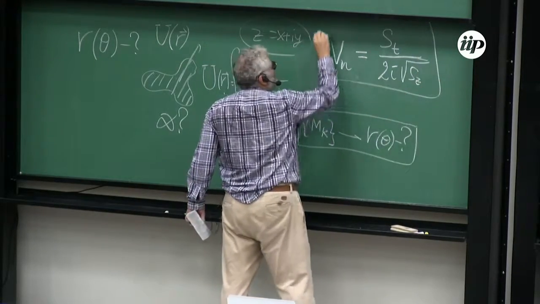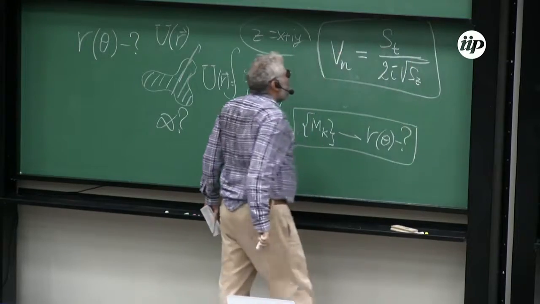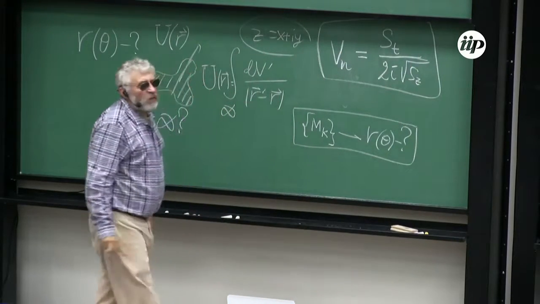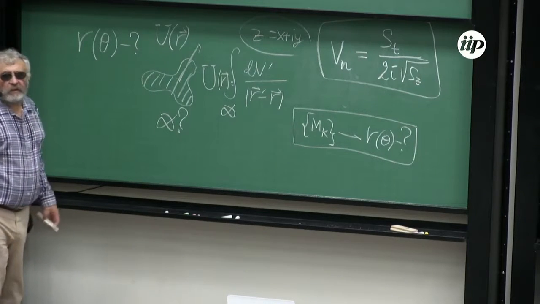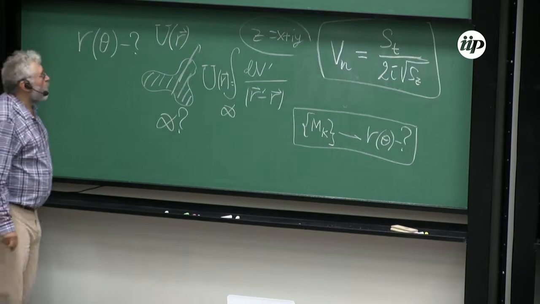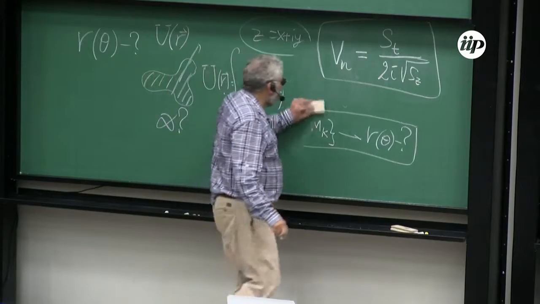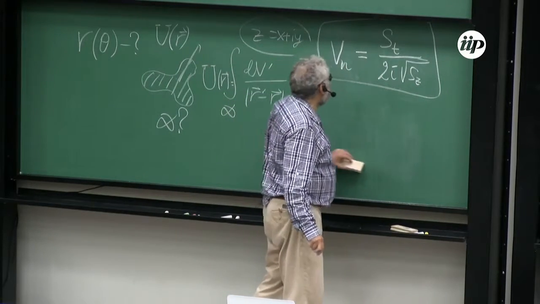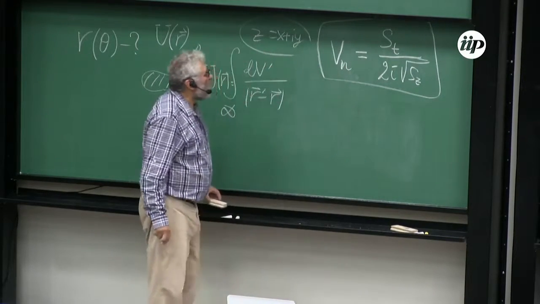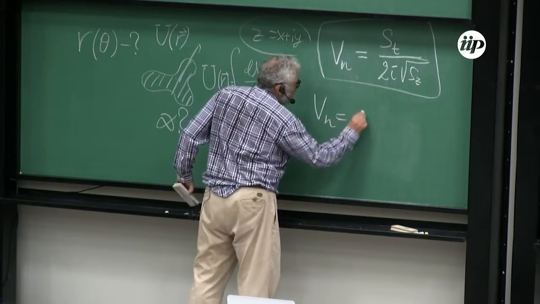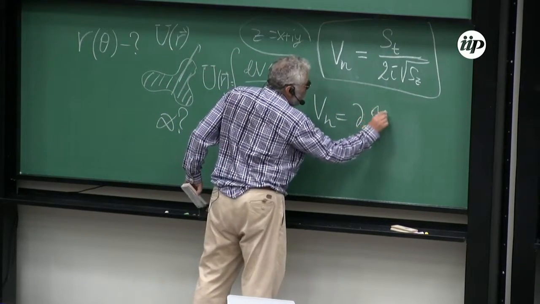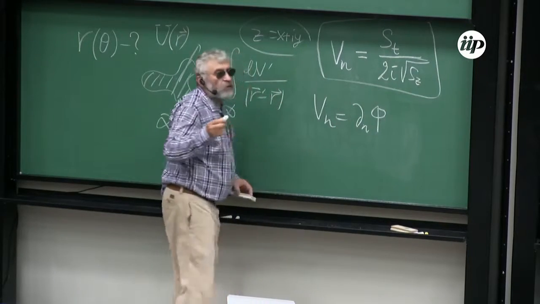All right. Left-hand side is a scalar, therefore right-hand side is a scalar as well. However, this is the normal derivative, plus or minus, which is not important now.